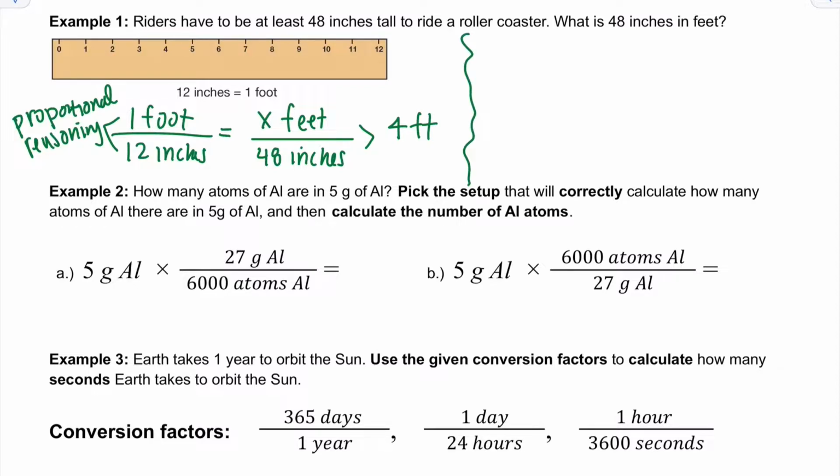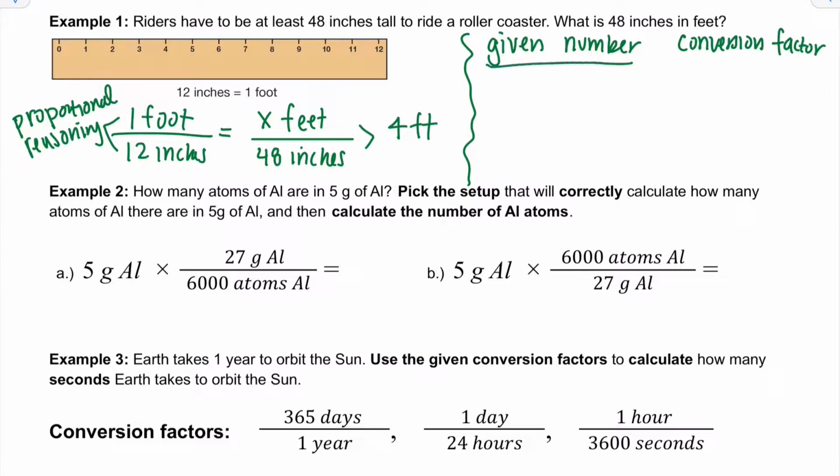In dimensional analysis, there are two things that you always have: the given number and the conversion factor. This information will be the same thing that you use in proportional reasoning, except you're going to set it up in a slightly different way.